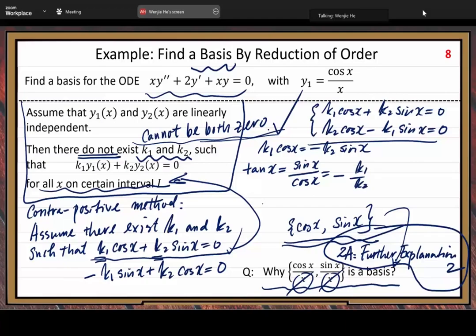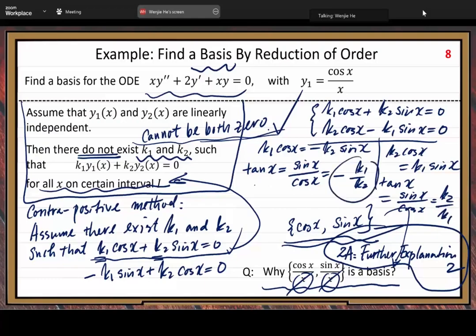From the second equation, we have k2 cosine x equals k1 sine of x. Tangent x, sine x over cosine x, equals k2 over k1. These two ratios should be the same.